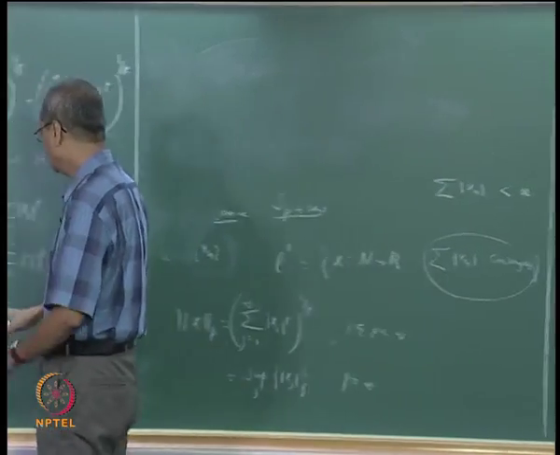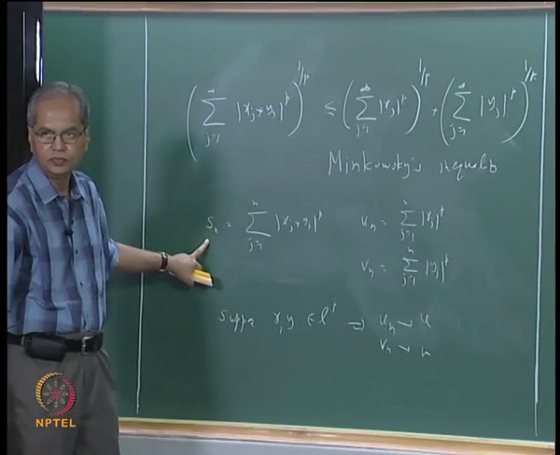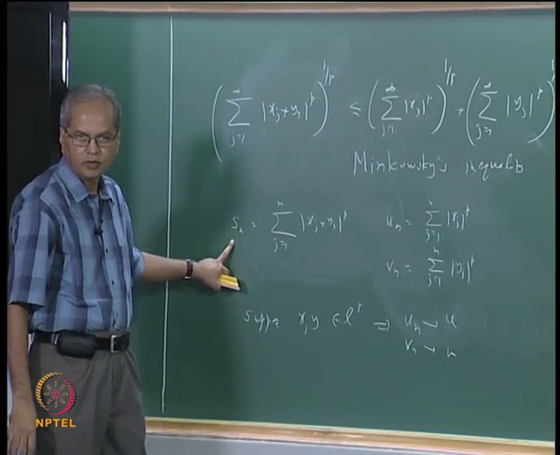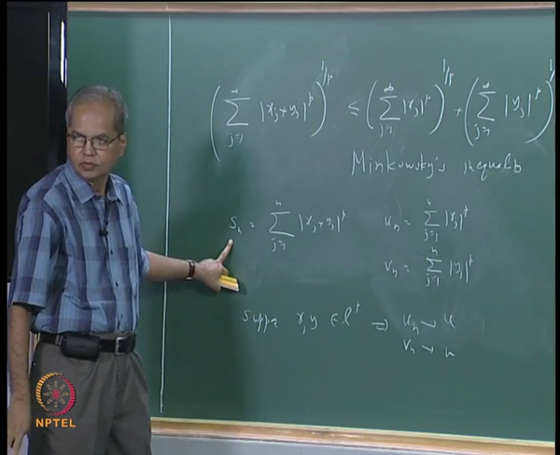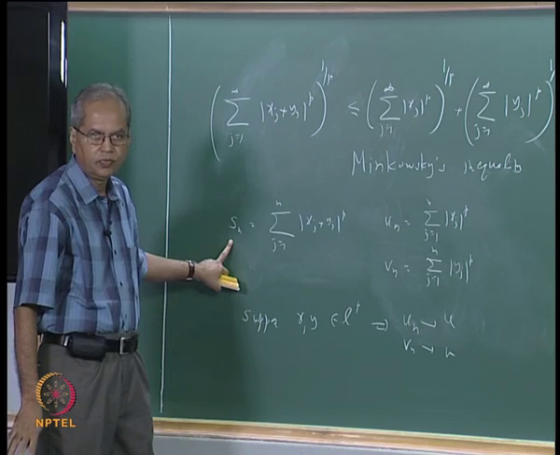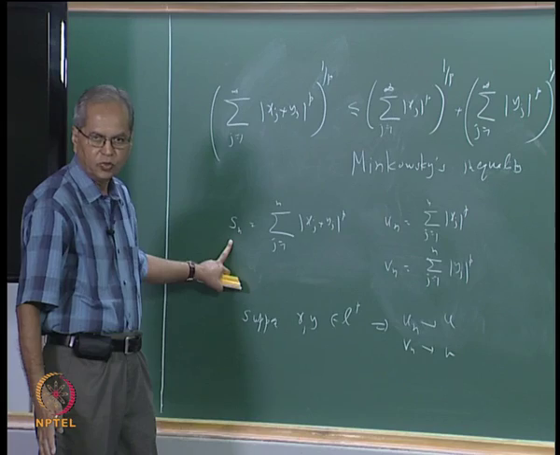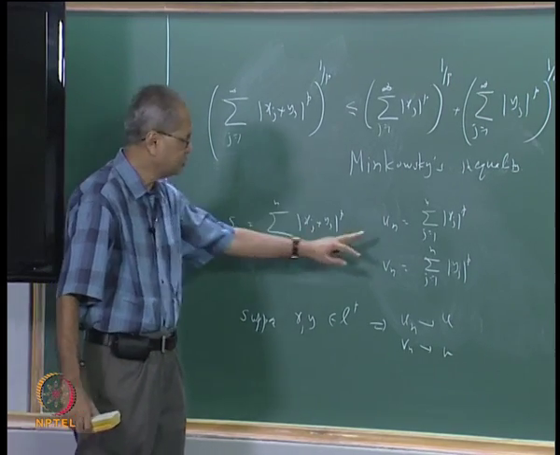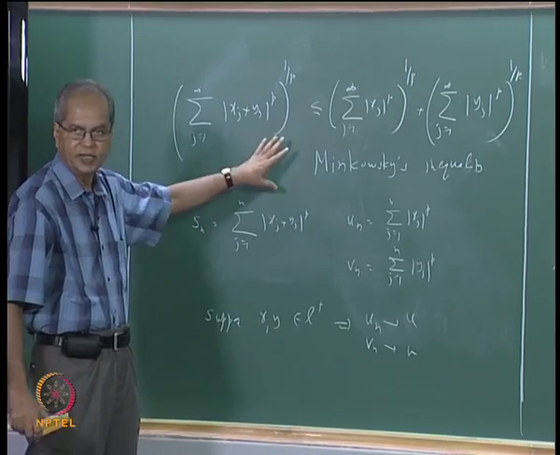Now do we know any relationship between Sn, un and vn? That is the Minkowski inequality. What we have proved is that this raised to 1 by p is less than or equal to this raised to 1 by p. That was the Minkowski inequality for the finite sums. Let us use that.